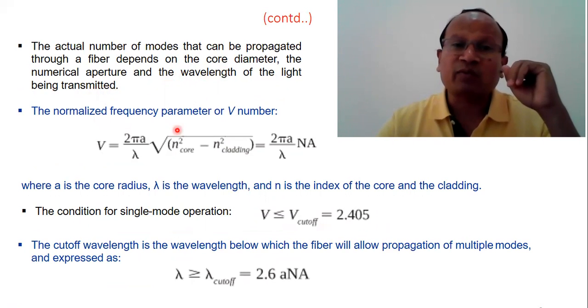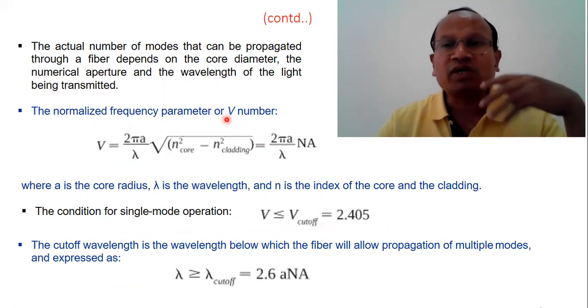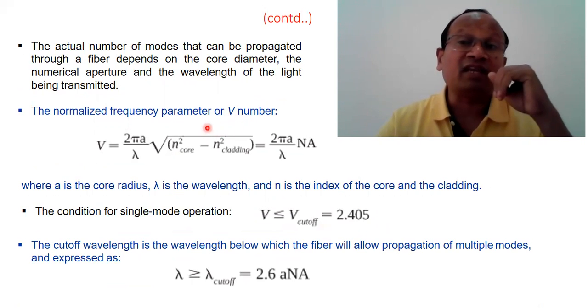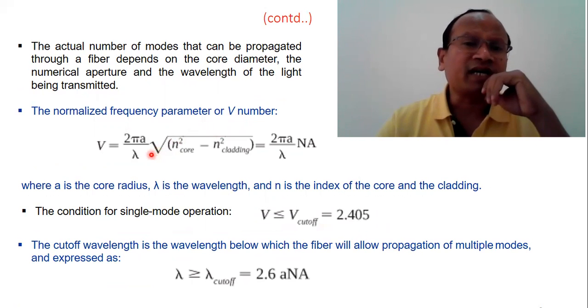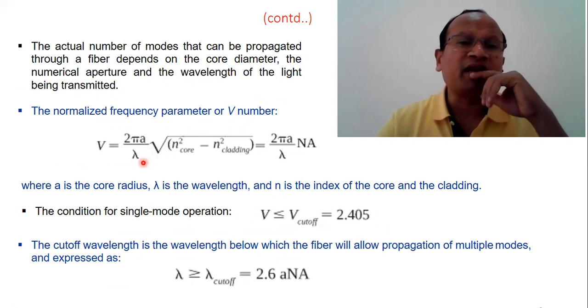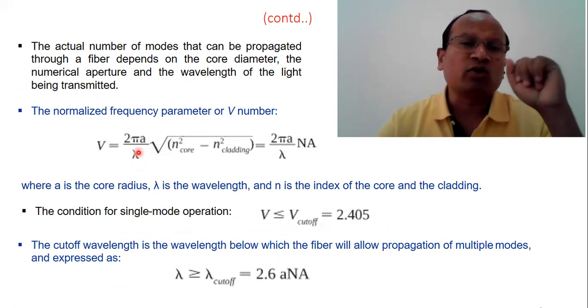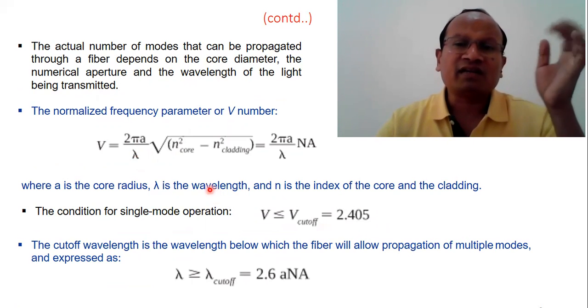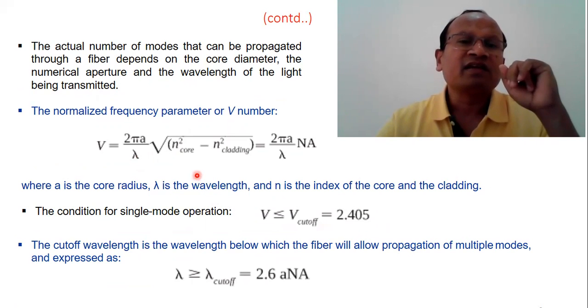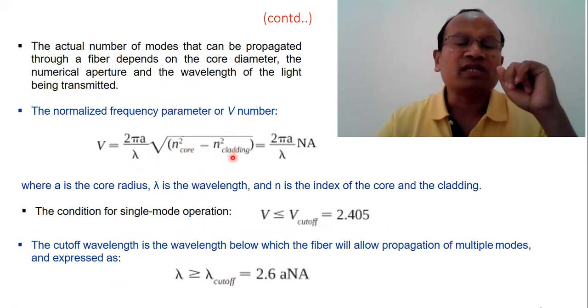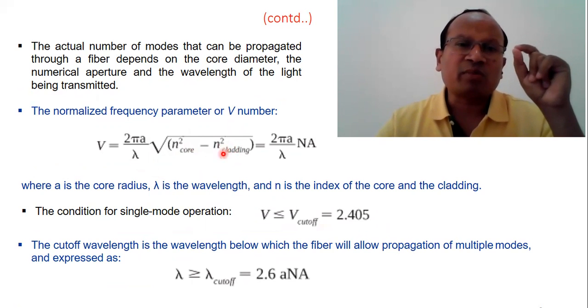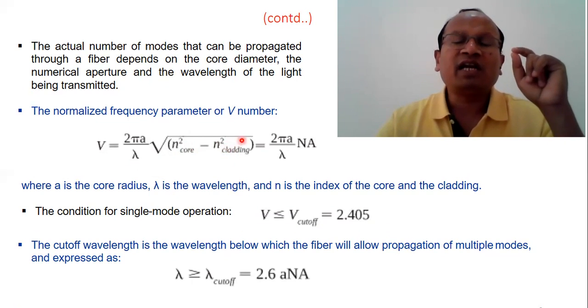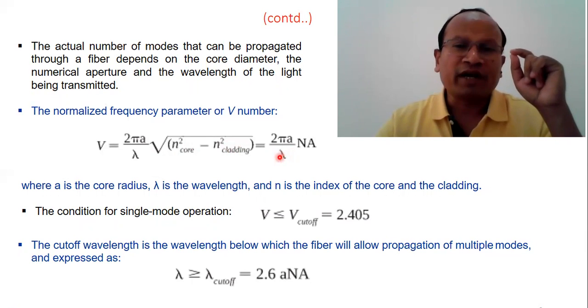The normalized frequency parameter, sometimes we call it the V parameter or V number, is calculated by 2 pi a divided by lambda, where a is the core radius, lambda is the wavelength, and n is the index of core and cladding, that is n core and n cladding. So you can see this normalized frequency parameter depends on core radius, numerical aperture, and wavelength.